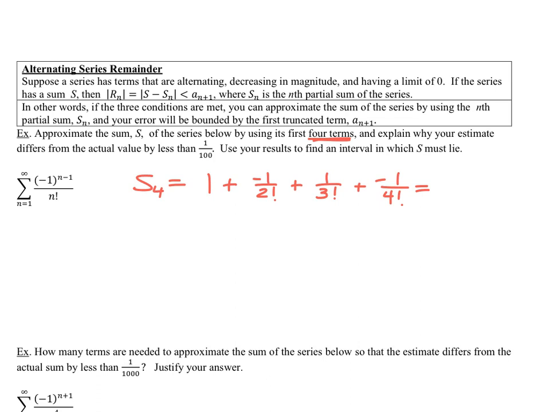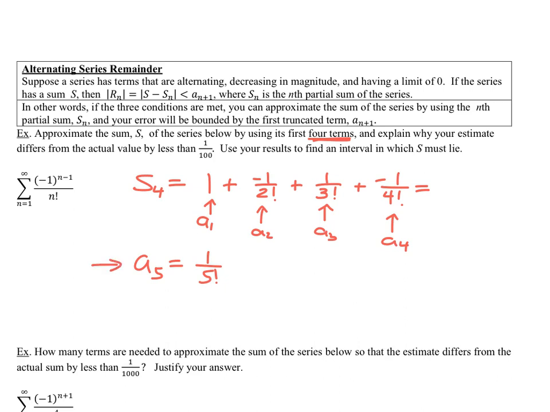Now, the fifth term of the sequence, I'll just make a little note, a sub 1, a sub 2, a sub 3, a sub 4. A sub 5 is going to be a positive 1 over 5 factorial.